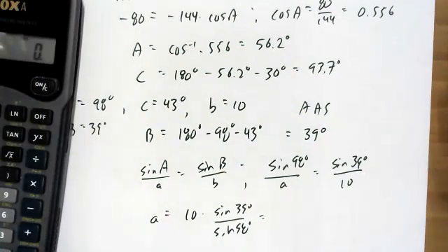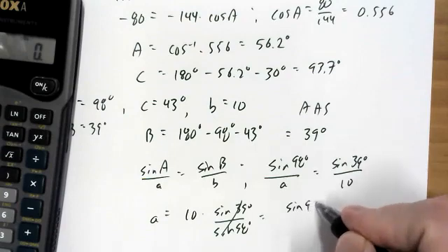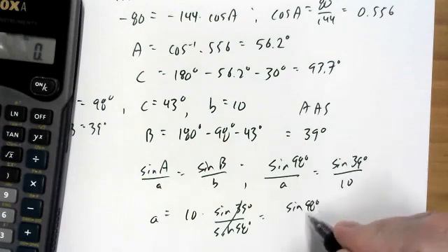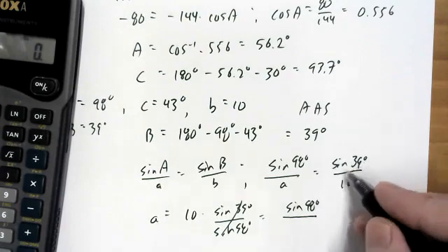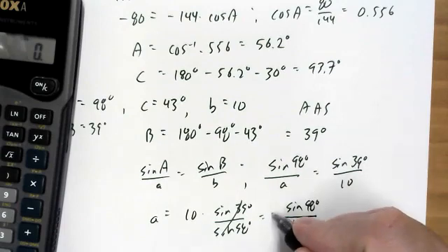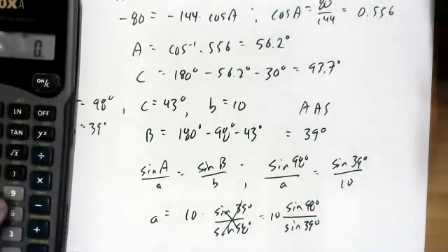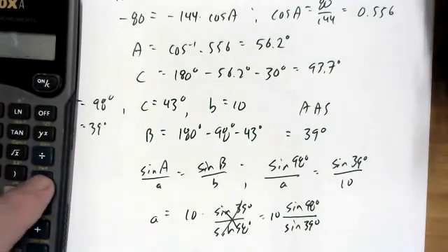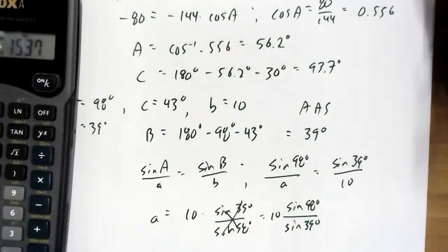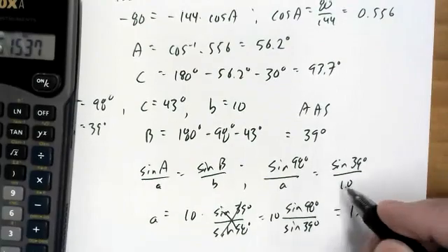Oh, yeah, you guys probably saw it. Wow. Sorry, but this is what happens in real life. Yep, this is the kind of thing that happens. 98 sine divided by 39 sine times 10 is 15.7.